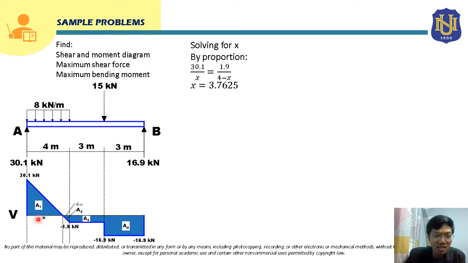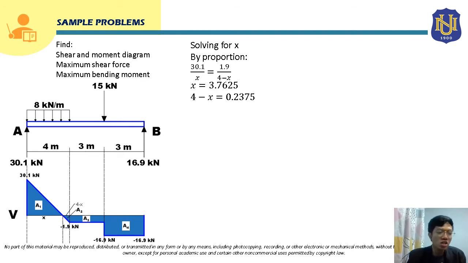In this case, this length is 4 meters, so of course the distance x should be less than 4 meters. So this is logical. And if x is equal to 3.7625, therefore 4 minus x is equal to 0.2375.